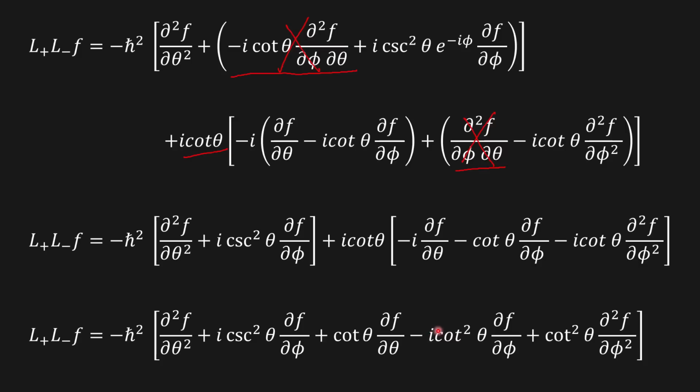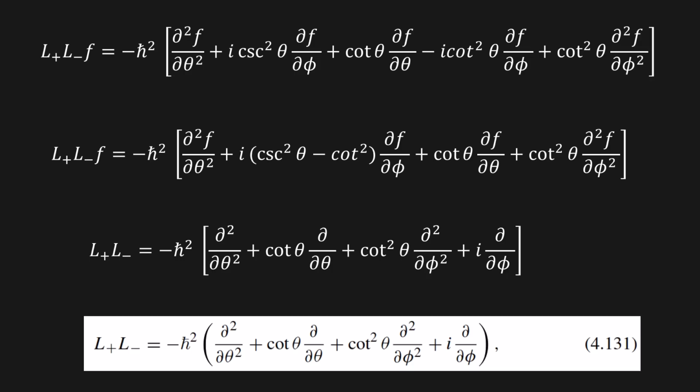So this will become I cot squared theta delta f over delta pi. Then here I cot theta, here I cot theta, minus I cot theta, which will become plus cot squared theta delta squared f over delta pi 2. So we will reduce it further. So we got this expression finally.